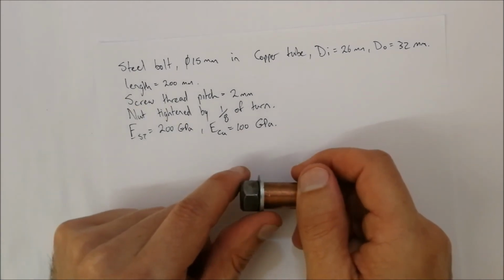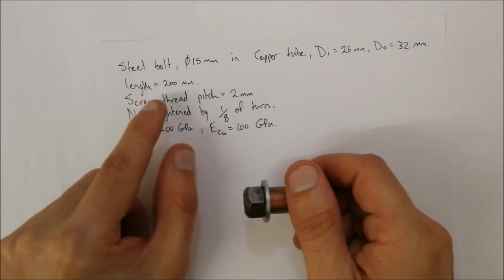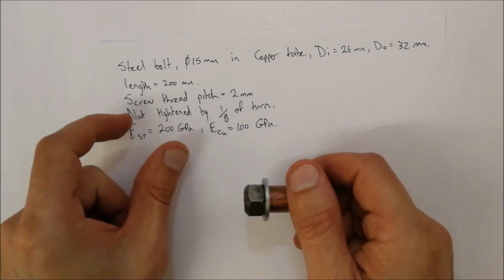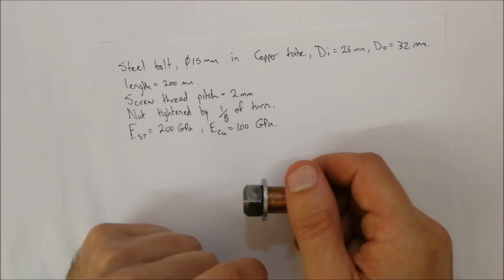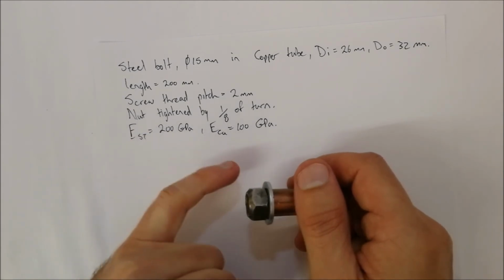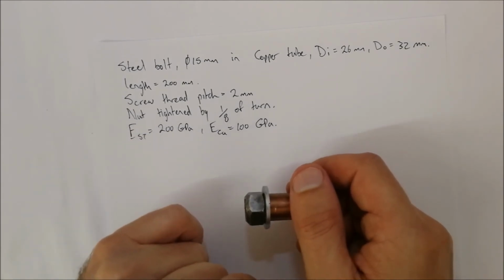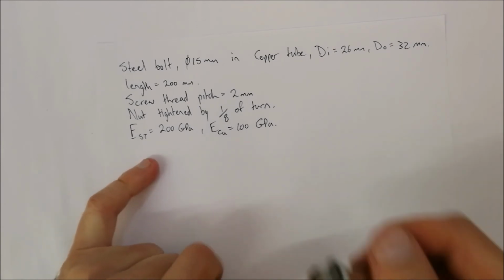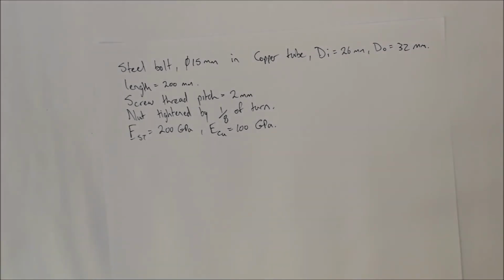The length of this composite material is 200 millimeters. The screw thread pitch is 2 millimeters. The nut is tightened by 1/8 of a turn, and we are told the E value of steel and the E value of copper. So how would we go about calculating this?